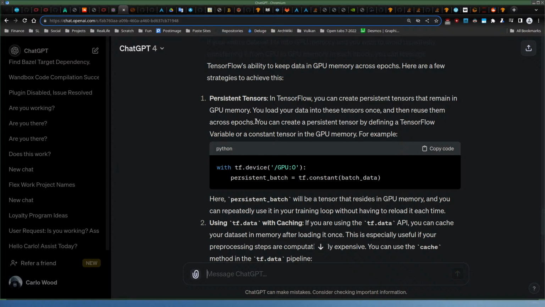That's what we want. So I need a persistent tensor for input 1, and maybe even for labels. You can create a persistent tensor by defining a TensorFlow variable or a constant tensor in GPU memory.